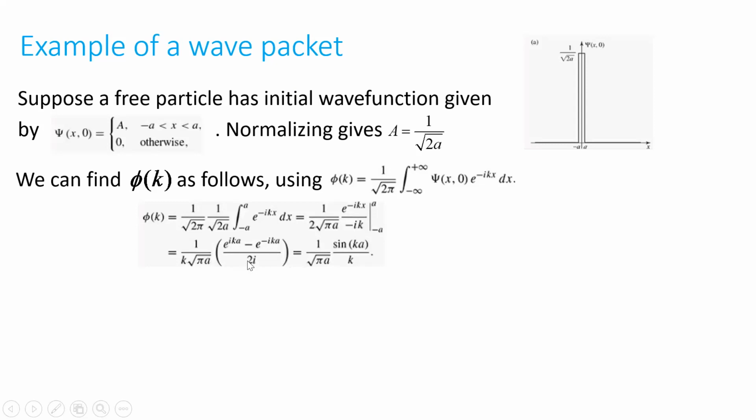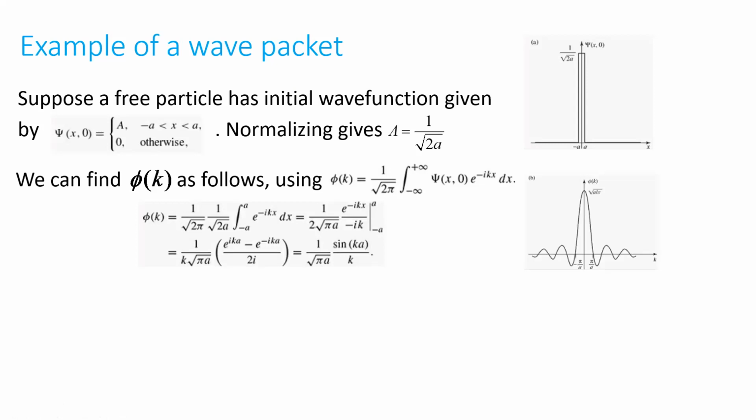And that can be shown to be equal to sine of ka, using Euler's identity. So our overall phi k, the weighting of these stationary states, will be 1 over square root of pi a times sine of ka over k. Okay, so that's our inverse Fourier transform, which gives us our weighting of the stationary states.